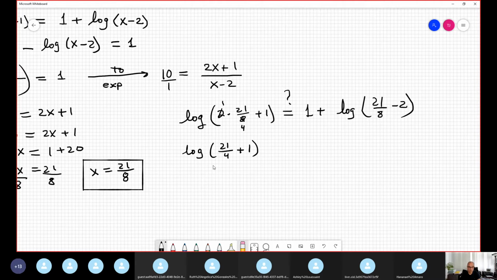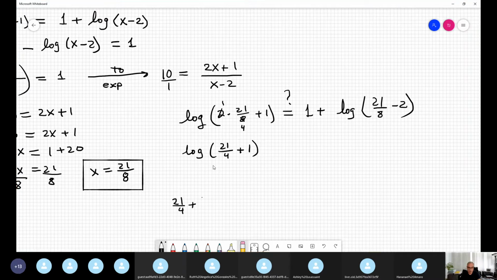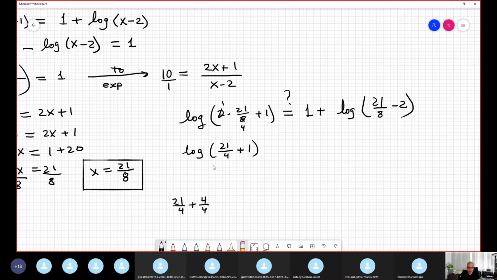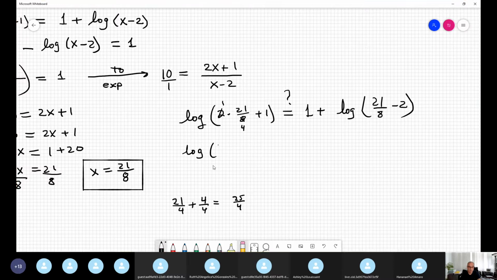Let's do the arithmetic of the argument, which is 21 over 4 plus 1, where 1 is 4 over 4. So you express everything using the common denominator. Least common denominator 4 is 25 over 4. I erase that part. And the argument is 25 over 4.